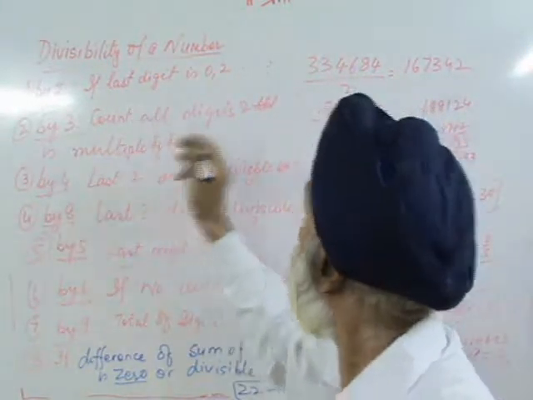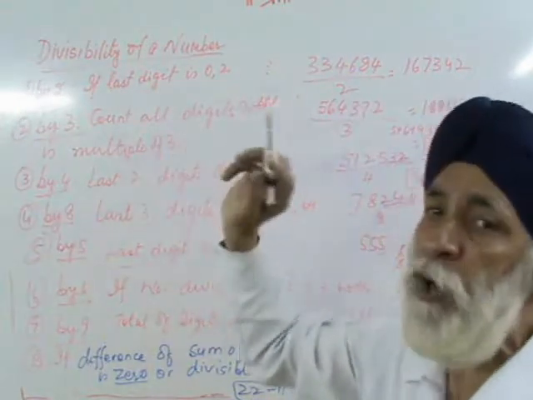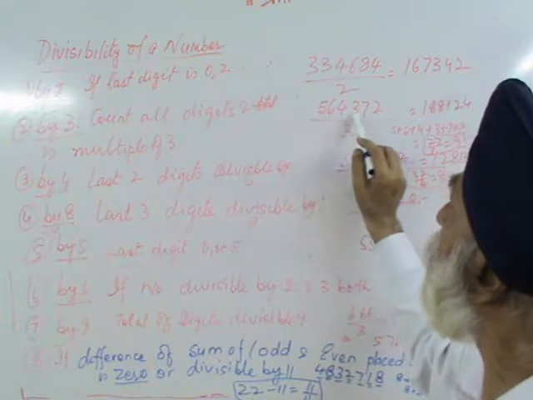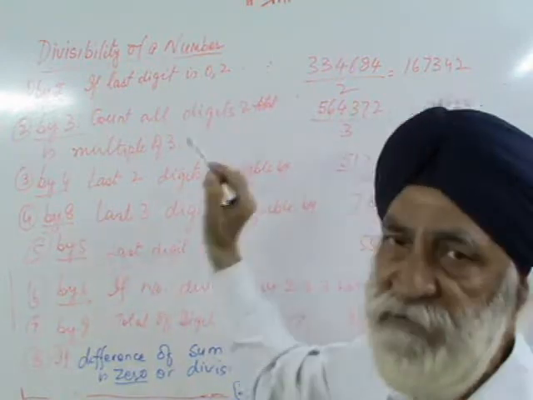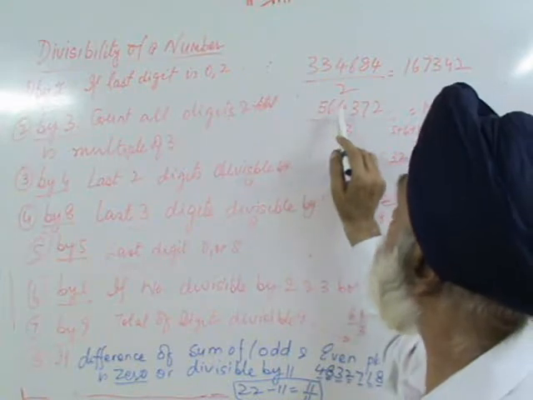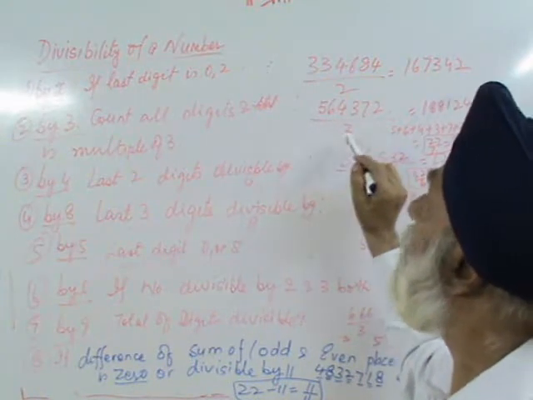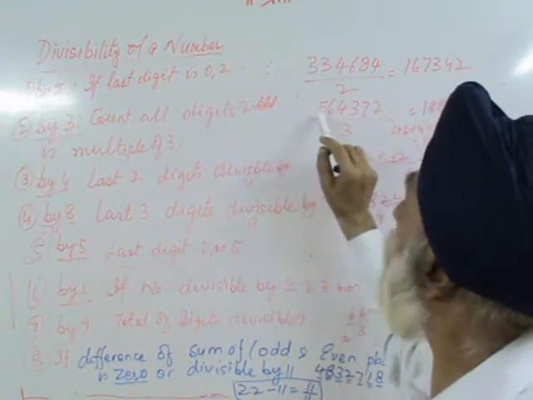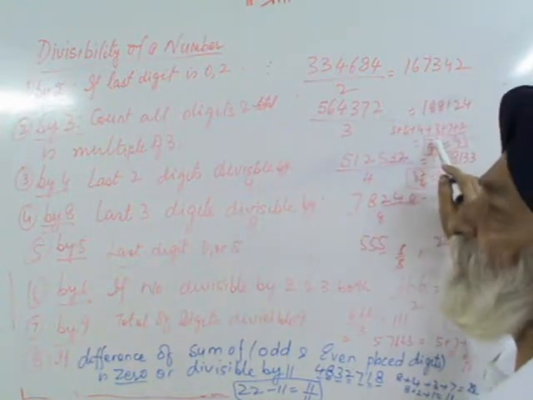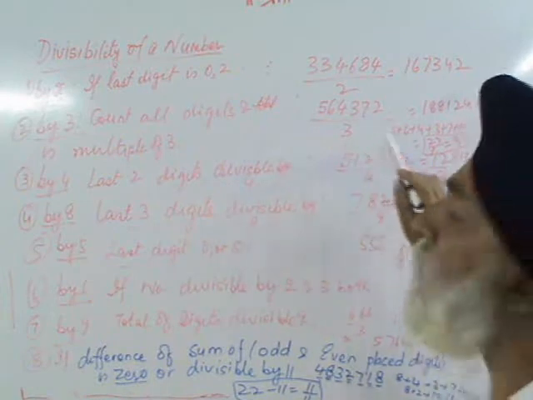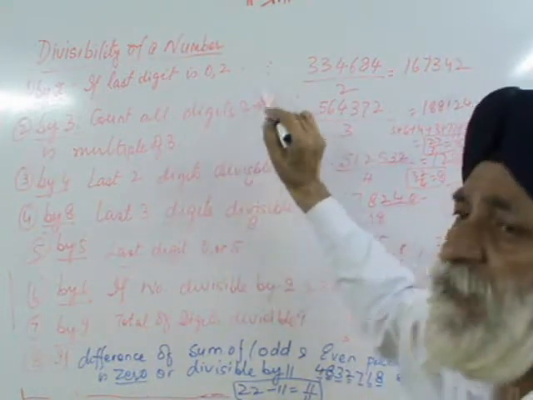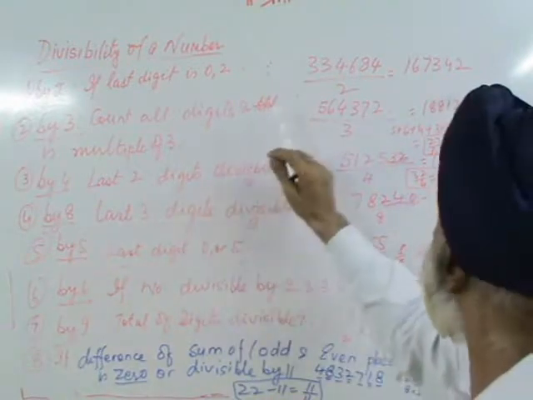For 3, you add all the digits. It is a 6 digit number, 564372, and adding all these digits gives 27, which is in the table of 3 or a multiple of 3. That's why you can very well say that it is divisible by 3.